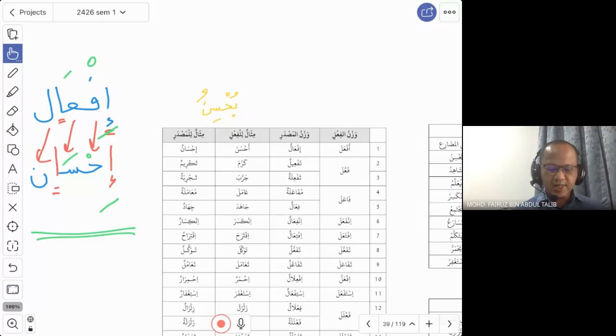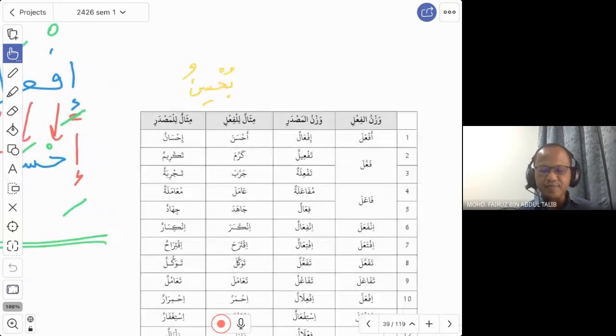So af'ala, yuf'ilu, if'al, and the fi'il is ahsana, yuhsinu, ihsan. That is the masdar for the wazan af'ala. Ahsana means to do good things or to do something very well. Ihsan, doing good things or doing well, that is ihsan. That is the first wazan.